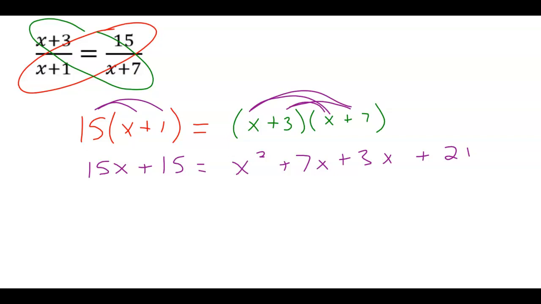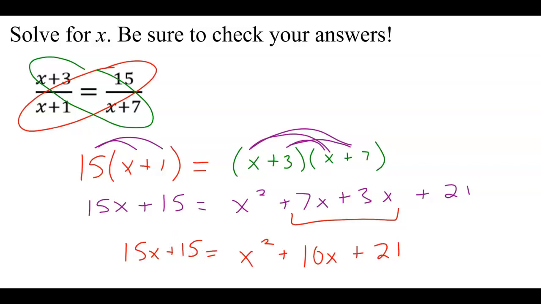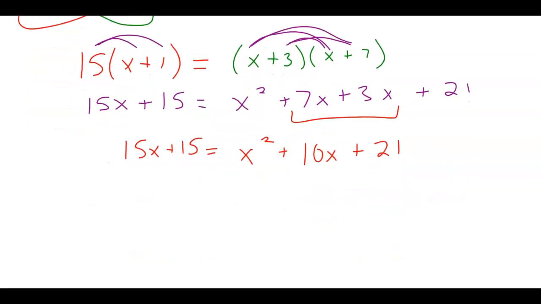And then we can go ahead and combine these here on the right. 7x plus, let's get our quadratic going here. So 7x plus 3x would be 10x. But we can obviously see that this is a quadratic equation. So the way that we solve a quadratic equation is we get it set equal to 0, and then we factor if we can factor, or we use the quadratic formula if it does not factor.